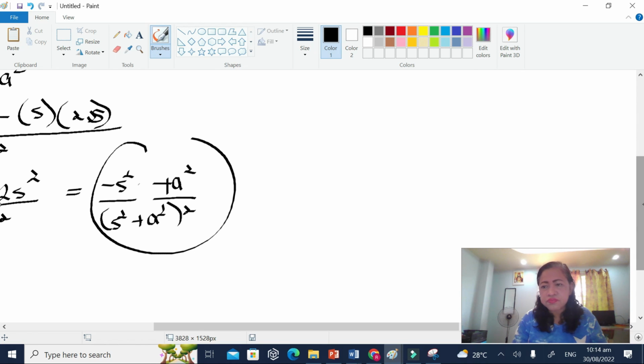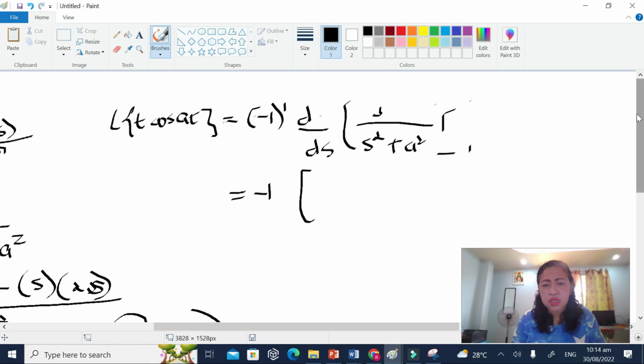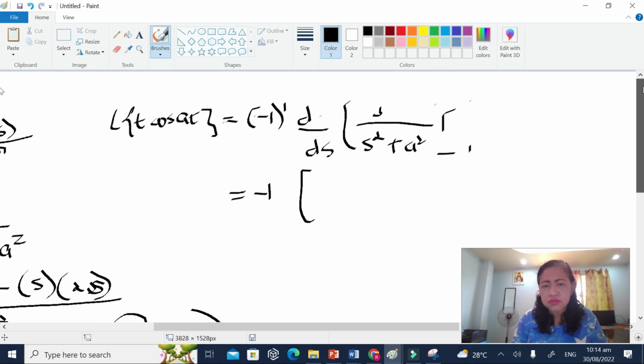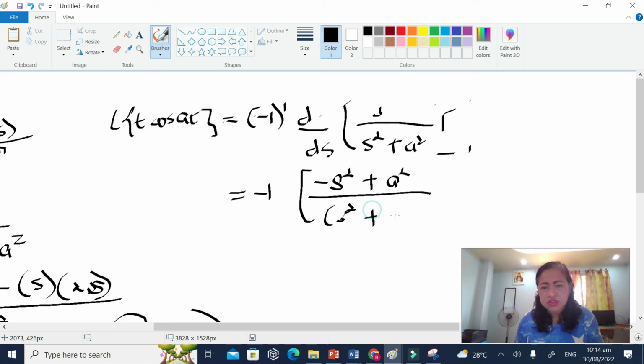So that is negative s squared plus a squared over s squared plus a squared, squared.